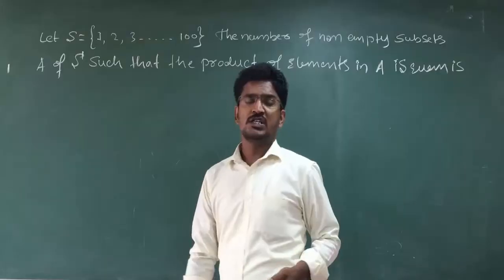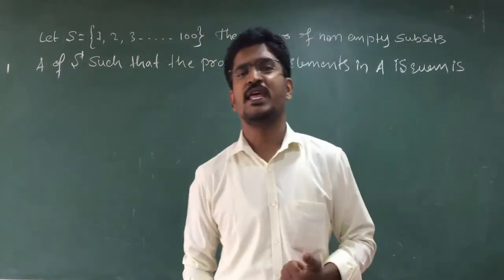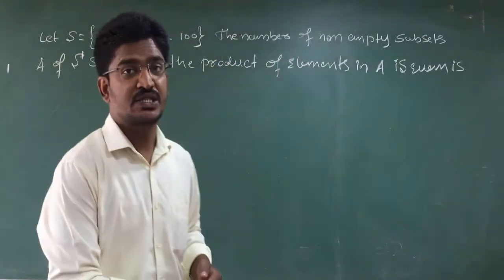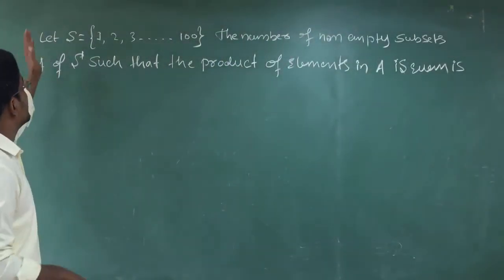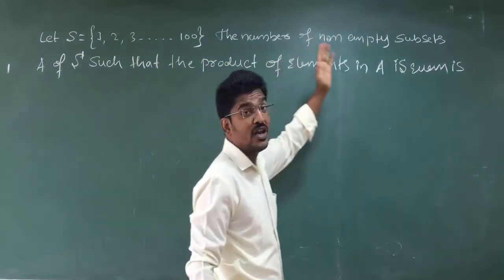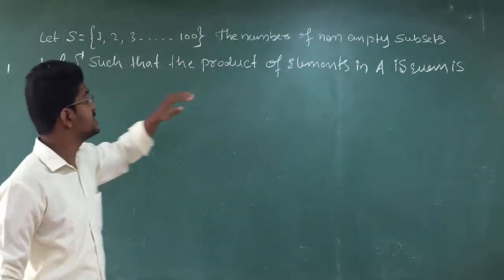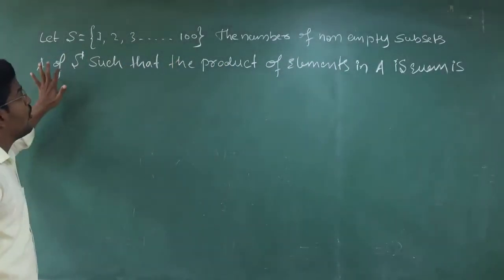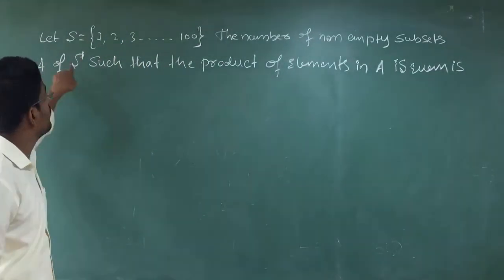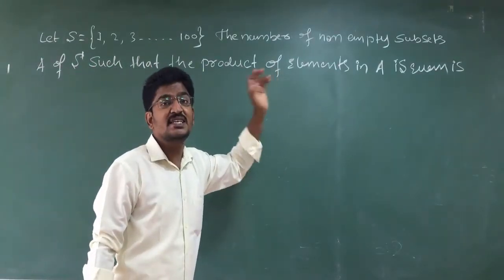Clear? Okay students. So now let us go for the next problem, that is of numerical type. It is from your sets and relations. Here, let S be the set containing 100 elements. The number of non-empty subsets A of S such that the product of elements in A is even.